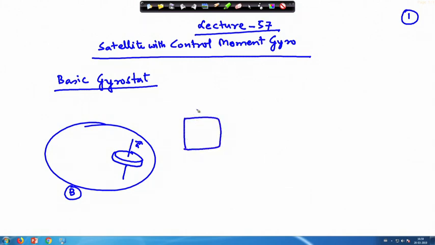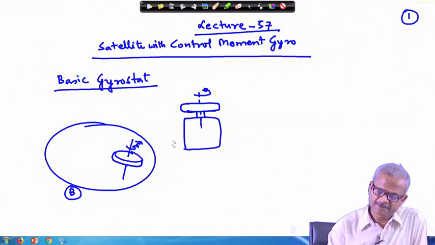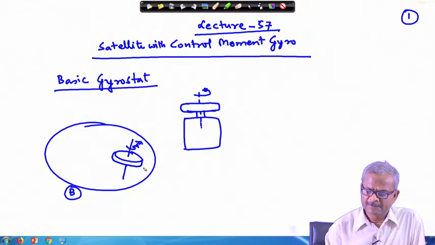I have a satellite and outside this there is a wheel, and this wheel is rotating about this axis. So these two cases are the same, only here the wheel is outside and there it is located inside.